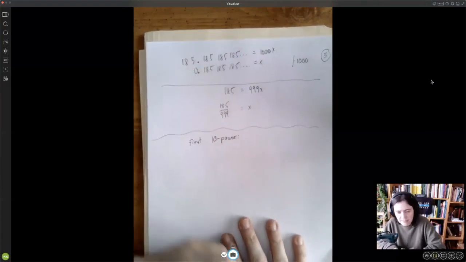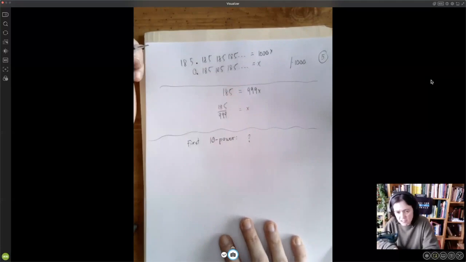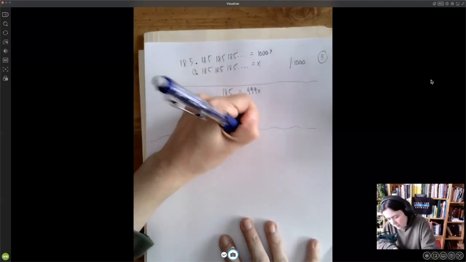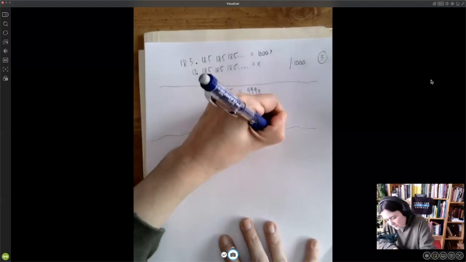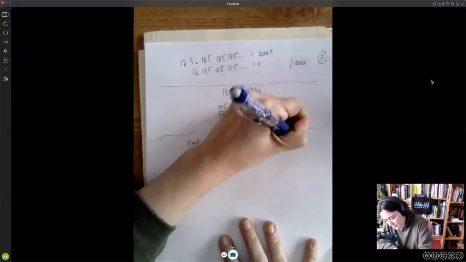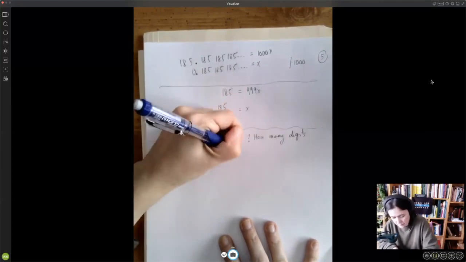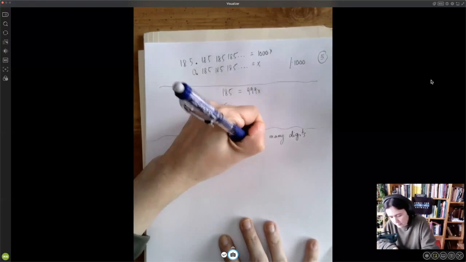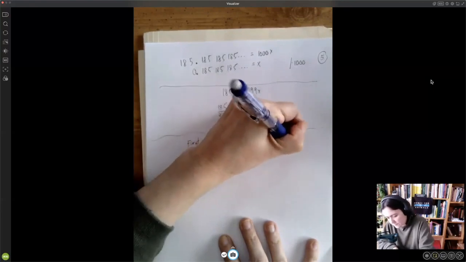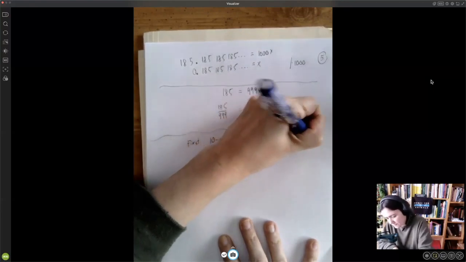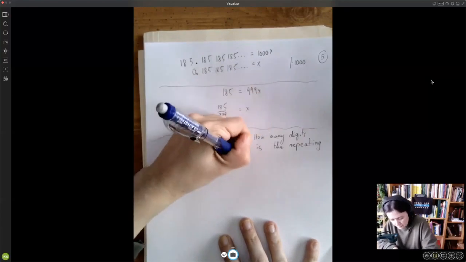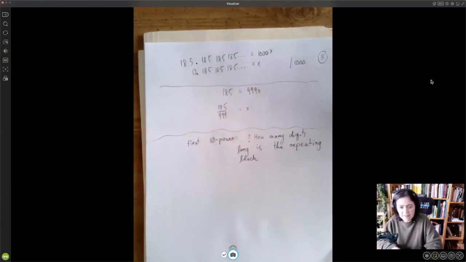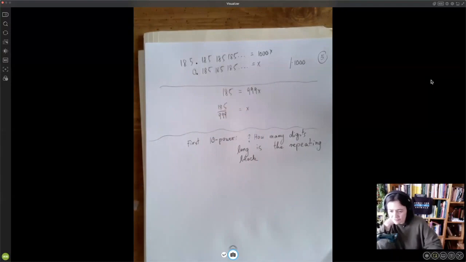We have to ask, how many digits long is the repeating block? That's how many zeros we have to put after the 1, which is the same thing as the exponent on 10.